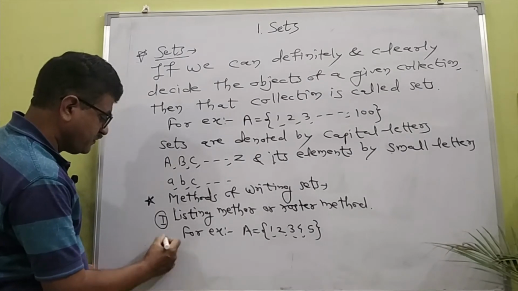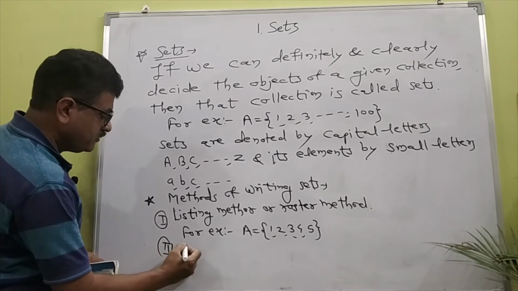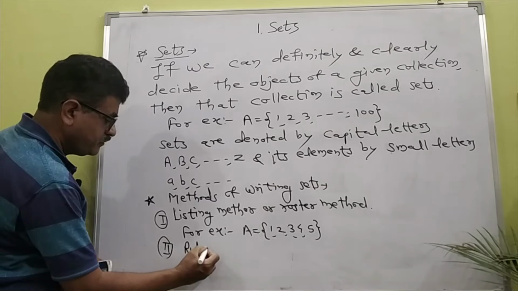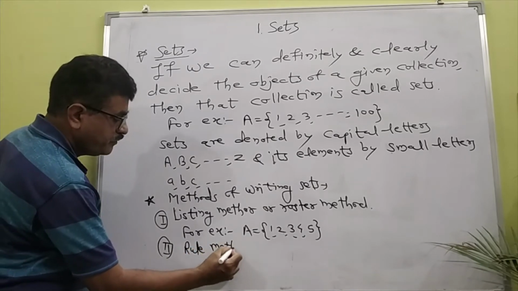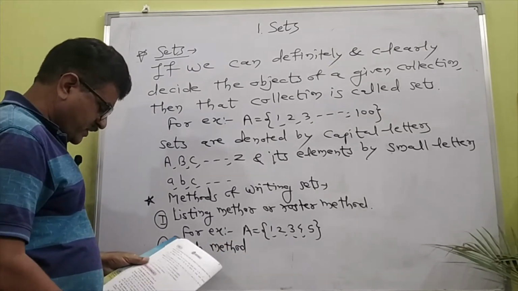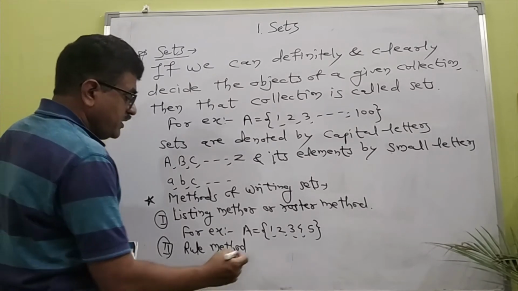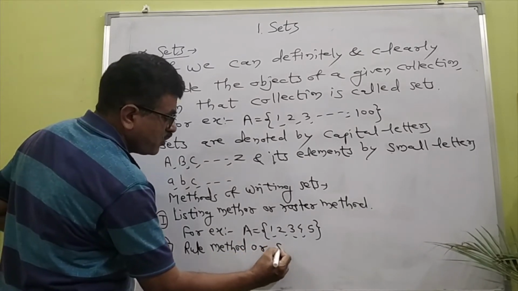And second method, rule method, or it is called set builder form.